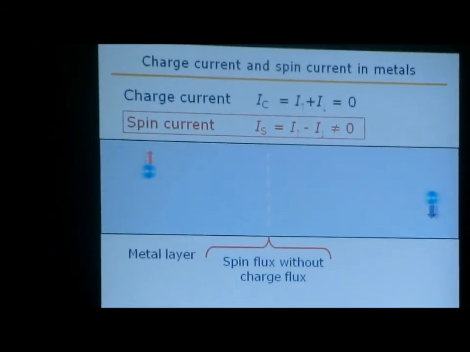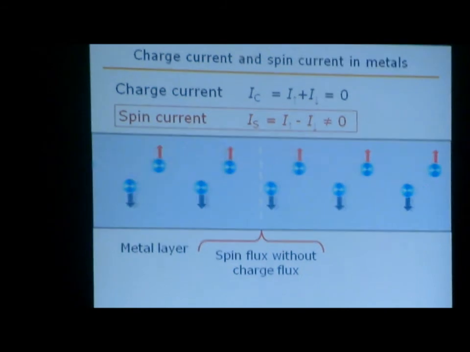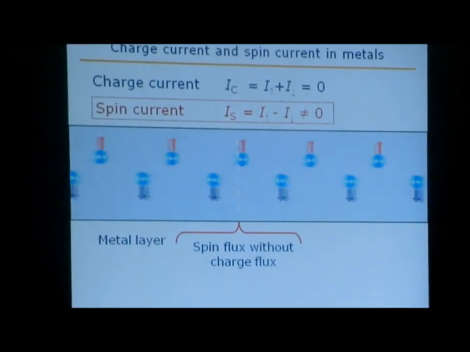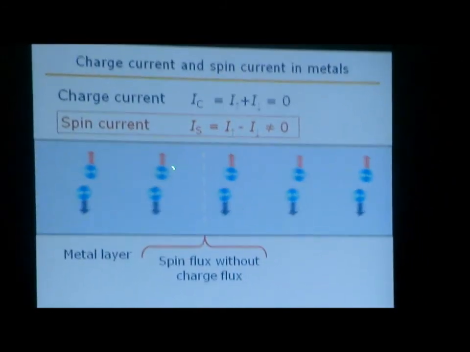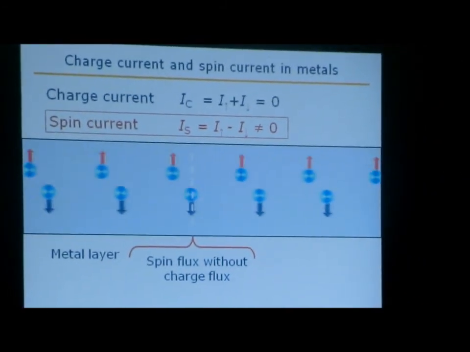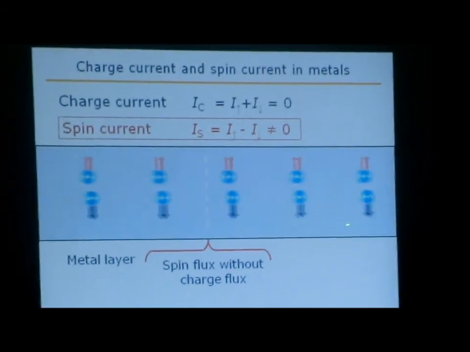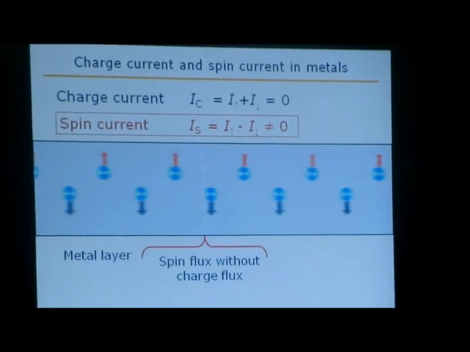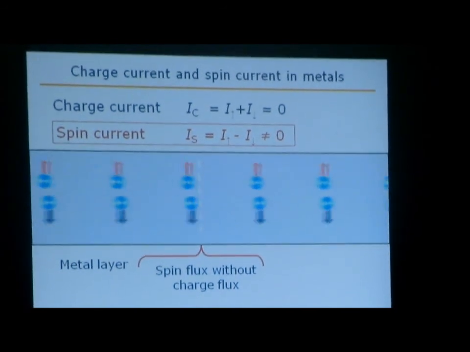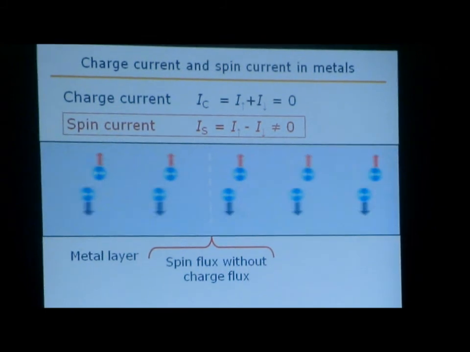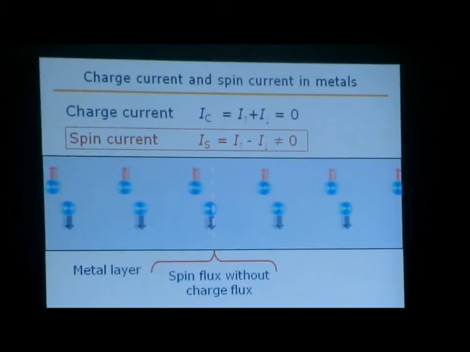However, if we have electrons moving in opposite directions, with opposite spins, then we have a net spin current with spin up in this direction. Or we could also choose a net spin current with spins down in this direction. So this is a pure spin current with no charge current. The net charge current is 0.